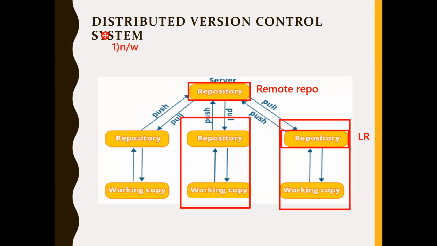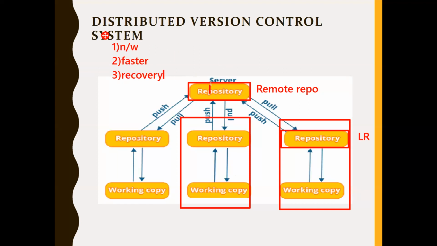That's the first thing. The second thing is, because the majority of the work happens on the local repository, it's faster because it's just on your system, right? Also, even though a central server or remote repository crashed, chances of recovery are more because everyone is having a copy of the remote repository, correct? So chances of recovery are also more.